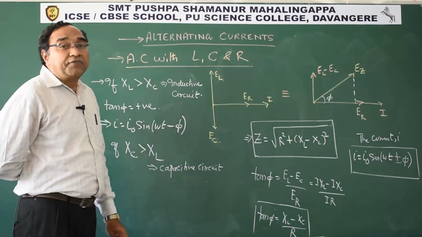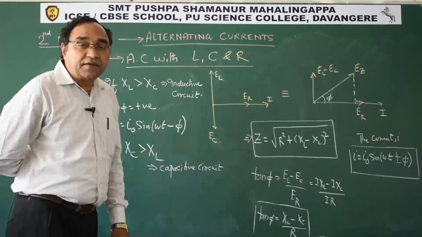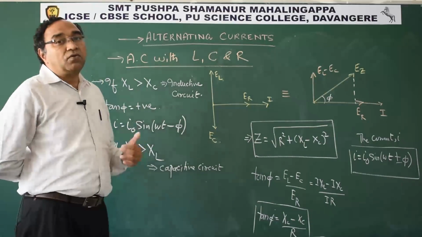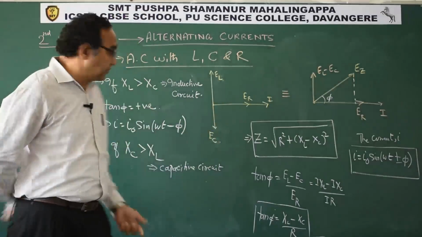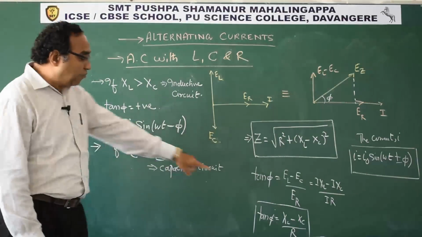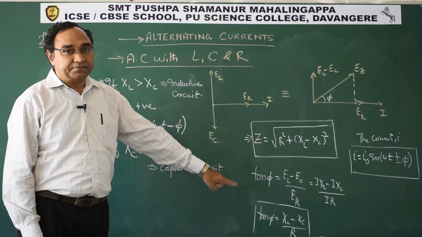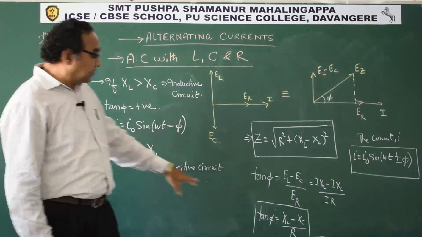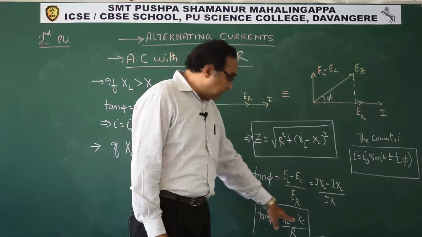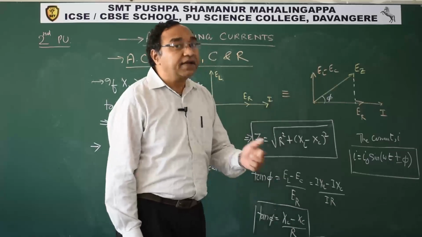Now in a capacitive circuit, what exactly is the phase difference? We know that current leads. So your tan phi will become what? Negative. Tan phi will become negative because XC is greater than XL. So XL is smaller than XC, so this will become negative.